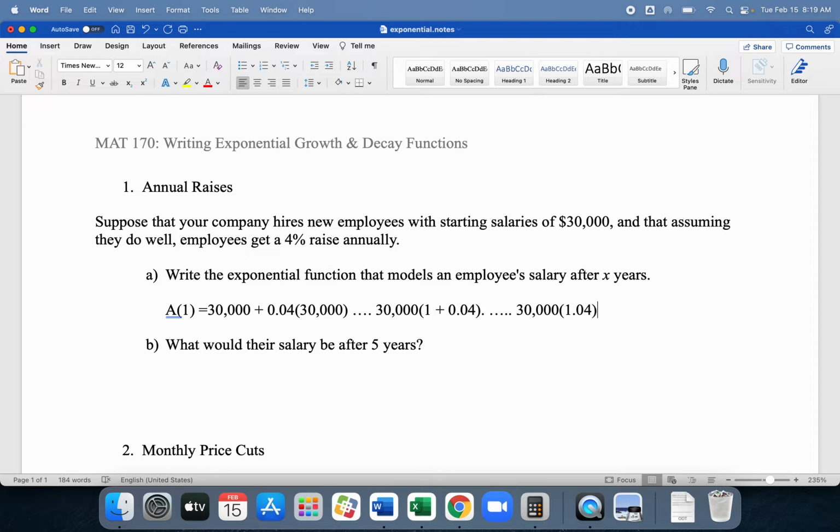So if I'm trying to do an increase by a percentage, I'm going to be multiplying by a number that's larger than 1. It could be any amount larger than 1. This is just a little bit more than 1. It's 4% larger than 1, in fact. But multiplying 30,000 times 1.04 gives me a result that is the equivalent of finding 4% and adding it back onto the original. It does that all in one step.